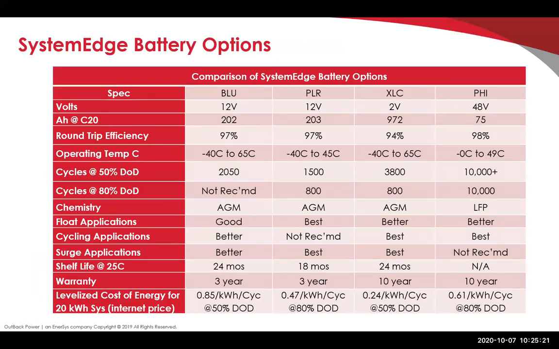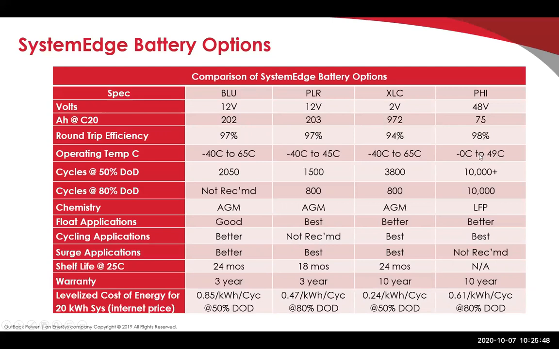This is a spec sheet. We're going to make this presentation available so you can go through this. I'm not going to go through every single specification, but you can see they're all very highly efficient batteries in terms of round trip efficiency, in terms of losses and whatnot. Operating temperature, you notice over here on the Simplify, it's 0C to 49C.